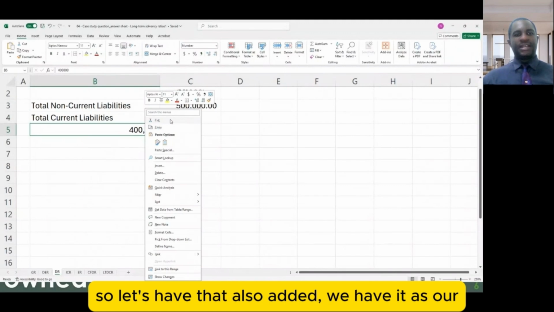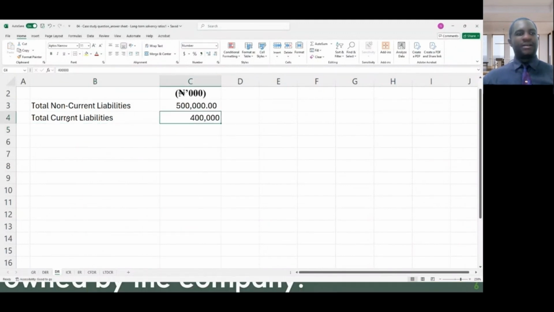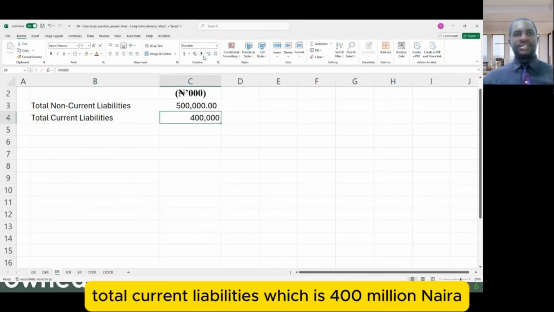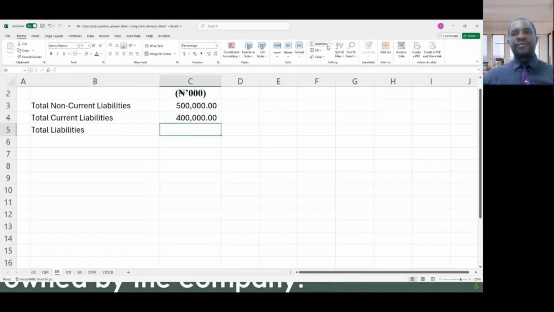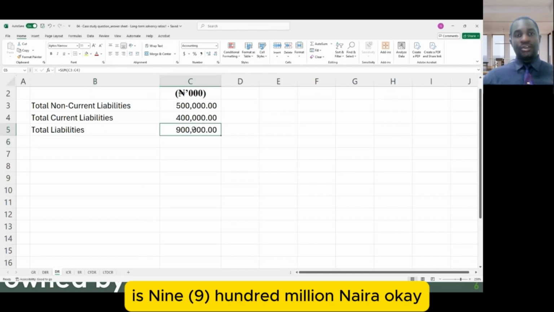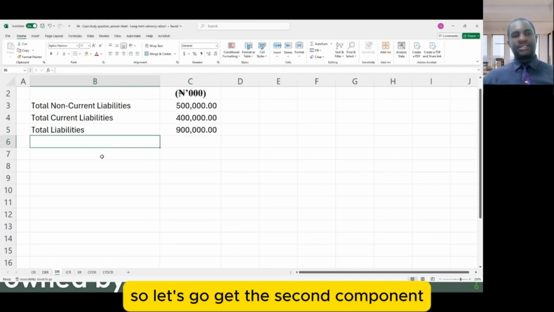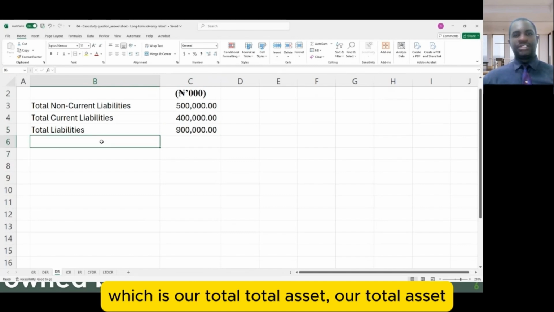We have it as our total current liabilities, which is 400 million naira. So our total liabilities is 900 million naira. Okay, so let's look at the second component, which is our total asset.